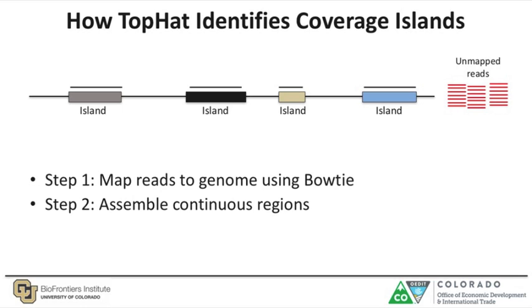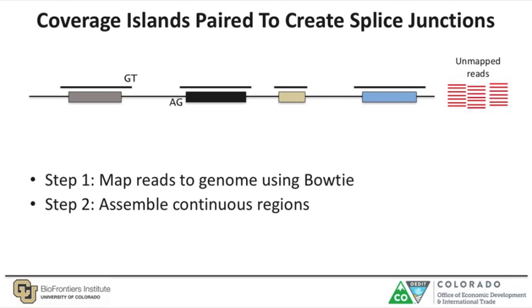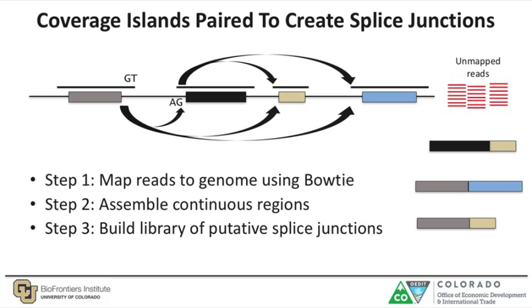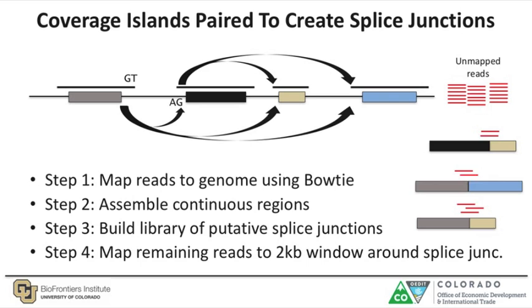These sequences are then extended on both ends to compensate for loss of read coverage around splice sites, and potential splice site acceptor and donor sequences are identified, and islands are stitched together to build a library of putative splice junctions. Any remaining unmapped reads are then mapped to an index built from a 2KB sequence centered around the splice site junctions.